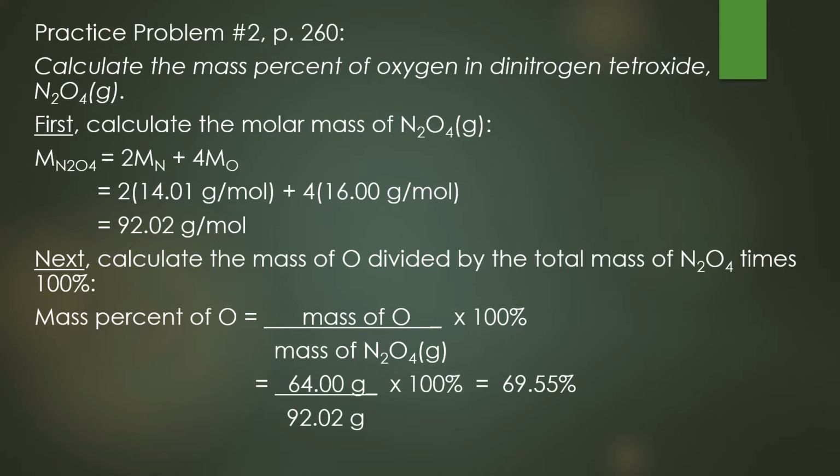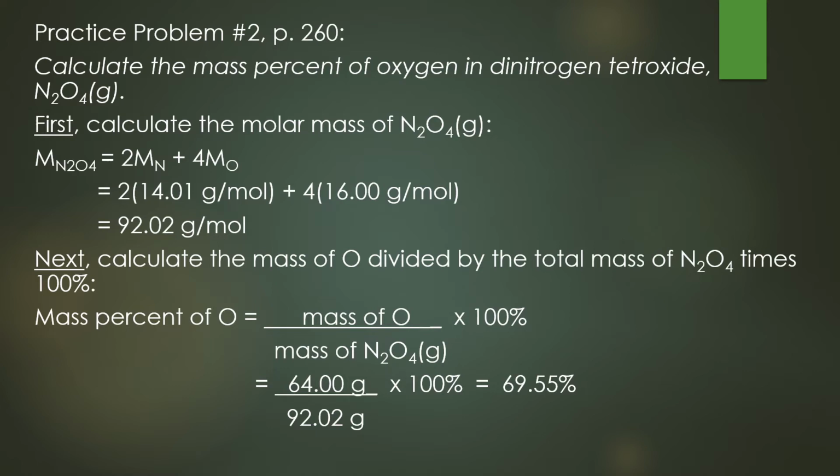Remember again, your mass of oxygen has to take into account that there are 4 oxygen atoms in the molecule. So that's why you've got 64.00 grams on top for your mass of oxygen, divided by the 92.02 grams for your total mass of N2O4 times 100%. That gives you 69.55%. Again, 4 significant digits, because both your values in your calculation have 4 significant digits.